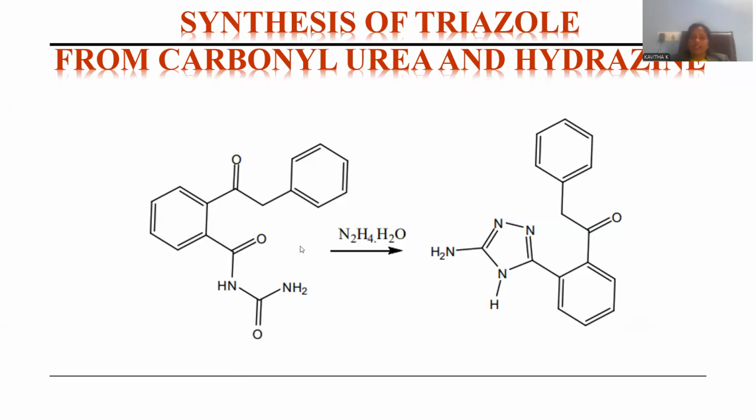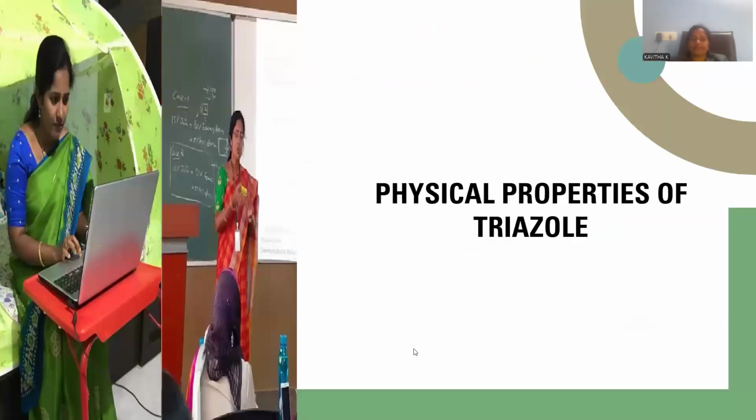Later, another NH2 will condense with this carbonyl functional group, so that this NH2 will become a side chain. Here you can locate that NH2 as a side chain. This is the way you can generate triazole simply by condensation of this alpha keto urea with hydrazine hydrate, with the same side chain without any chemical transformation.